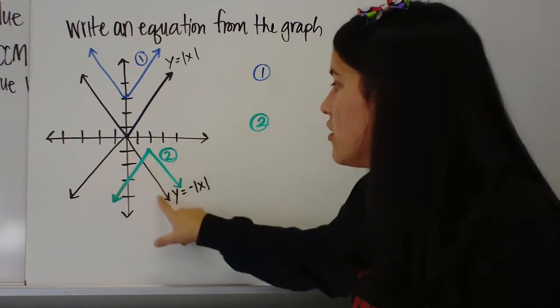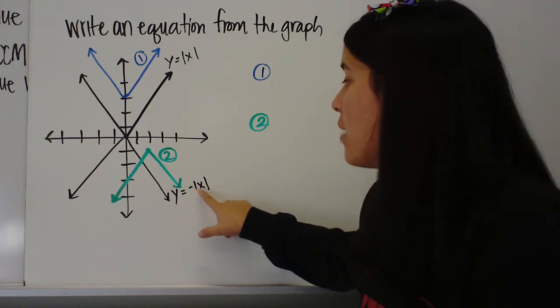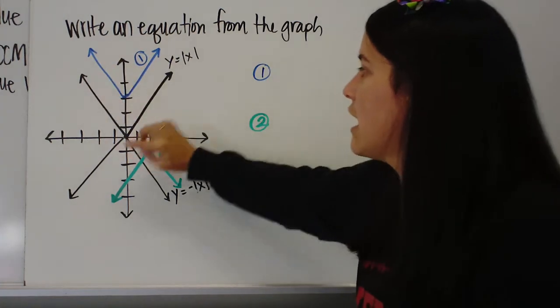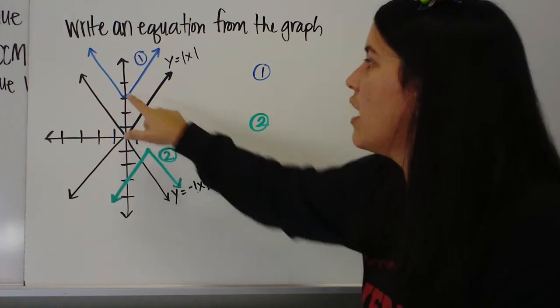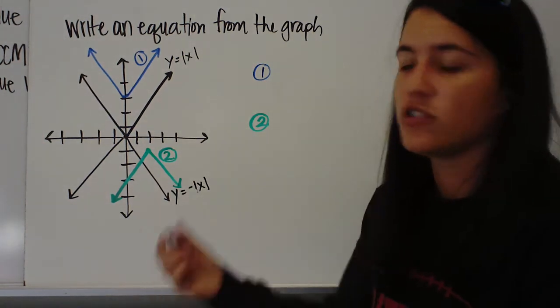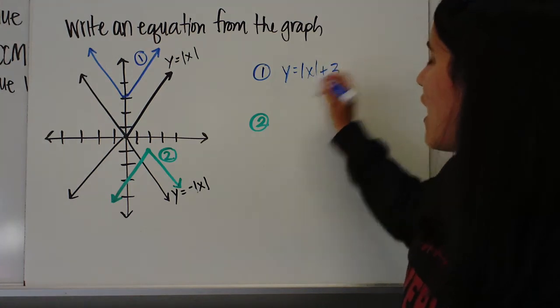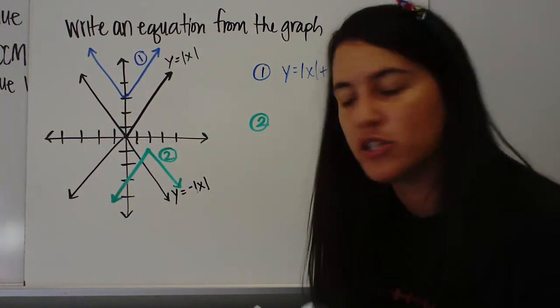This black one down here is y equals negative absolute value of x, the opposite, so it's going downward. The blue one, from the original parent function, has gone 1, 2, 3 units up. So to write that equation, we would do plus 3 on the outside because it's gone 3 units up. That's how you write the equation.